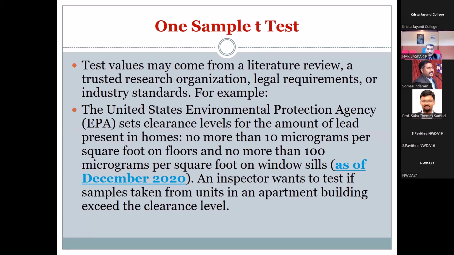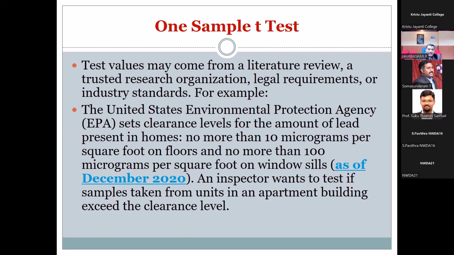Another circumstance: here one example is given that the United States Environmental Protection Agency has set a policy that air pollution should not be more than 100 micrograms. So 100 micrograms is the standard they set. They want to test whether it holds in that particular area, so they can collect data from different households.